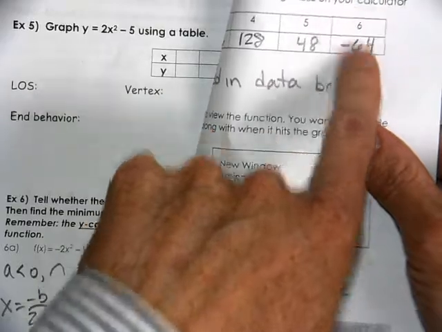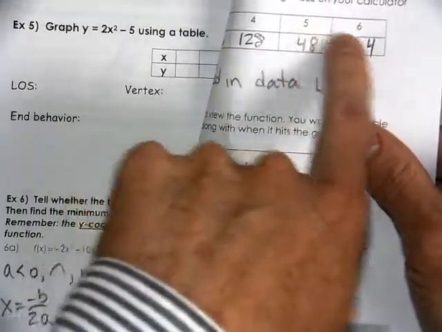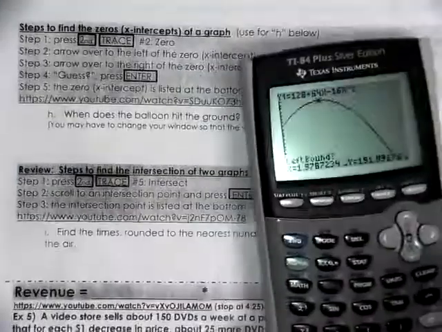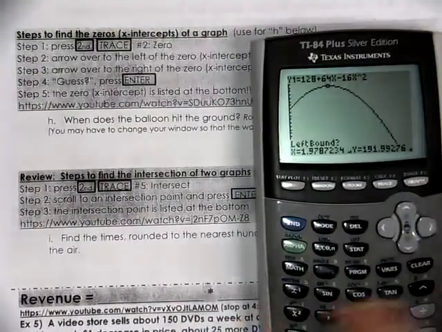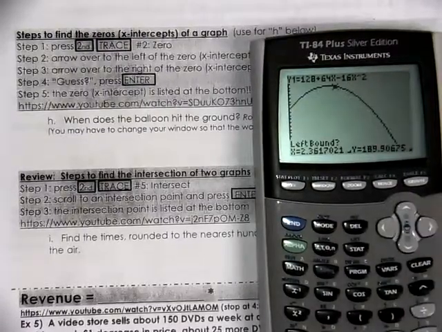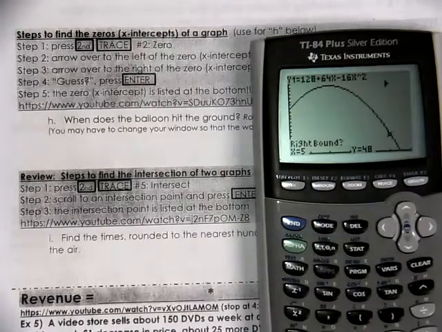At 6 seconds, it was past 0. So our answer is somewhere between 5 and 6. So instead of doing left bound and arrowing to the left of it, it is okay just to type in the number 5. It's a quick way to get there. If you know 5 is to the left of it, you can just type that right in.